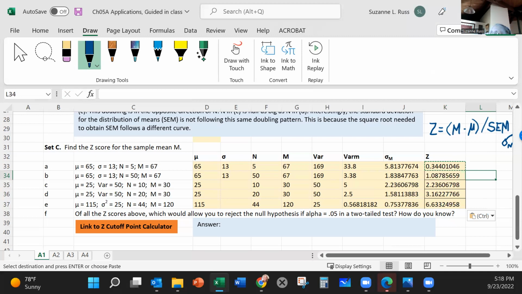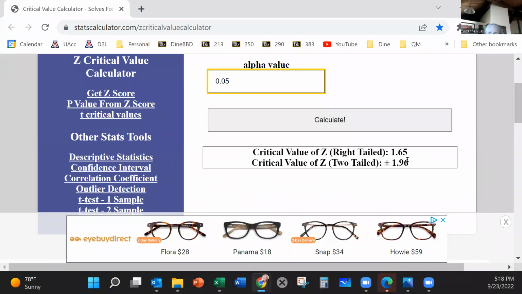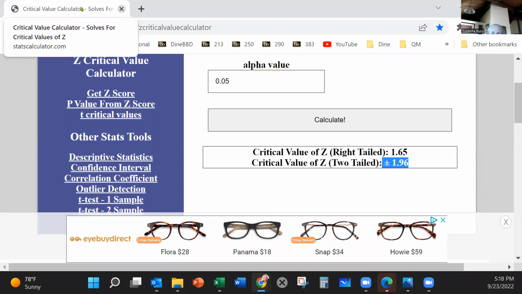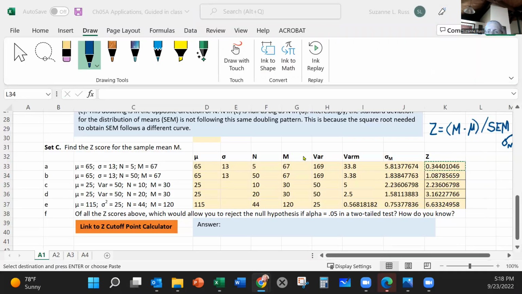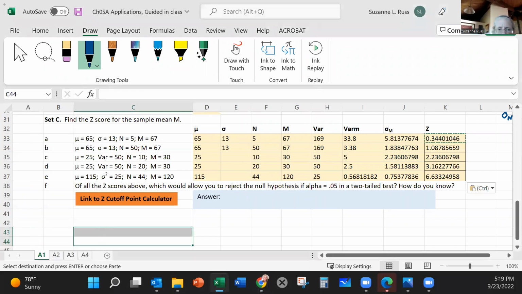Well, let's pull up our critical value calculator and see. 0.05 is already here. So our two-tailed test is plus or minus 1.96. So let's just draw a little illustration of that. So if we draw our little graph that we always use, I'm going to draw it in very short form here.